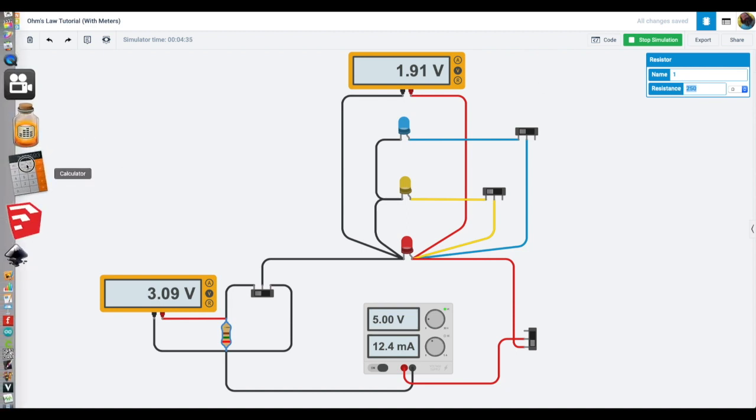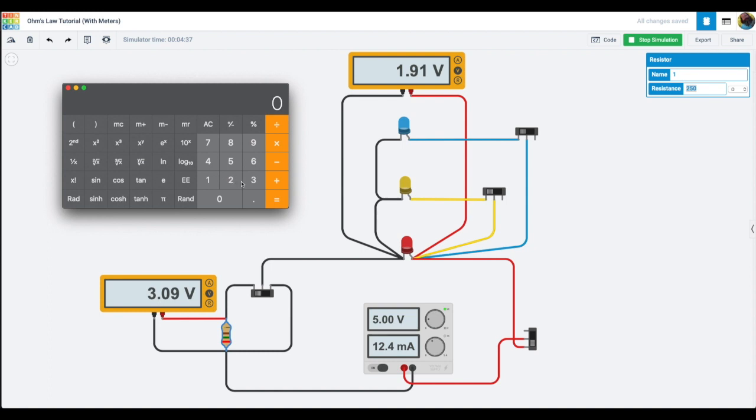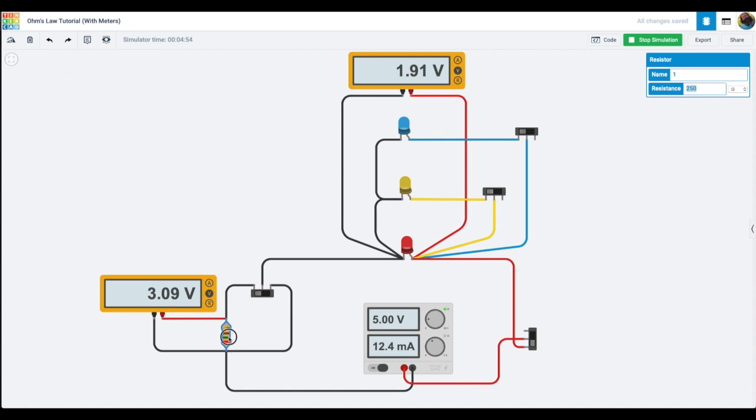We take this 3.1, we'll just round it up, and divide it by the current, which we want to be 20 milliamps. 0.02 equals a 155 ohm resistor. So if we make this a 155 ohm resistor, you'll see it's almost 20 milliamps. And that's how we figure it out.